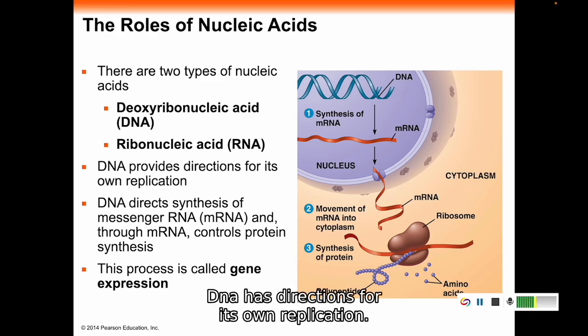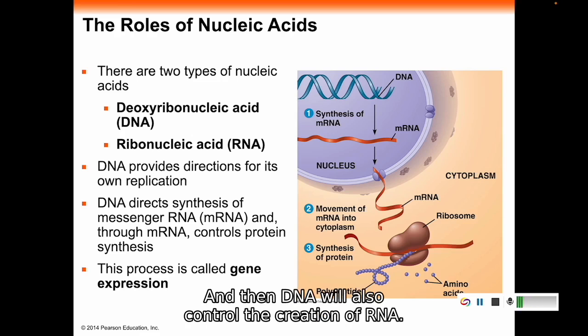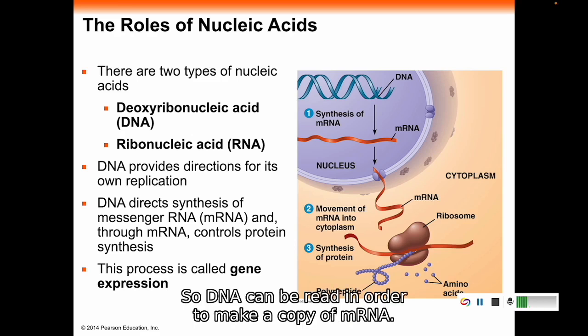DNA has directions for its own replication. We're going to talk about how it is double-stranded, and those two strands can separate and be copied to become double-stranded again. And then DNA will also control the creation of RNA. So DNA can be read in order to make a copy of mRNA.